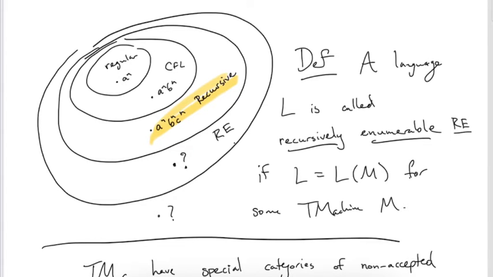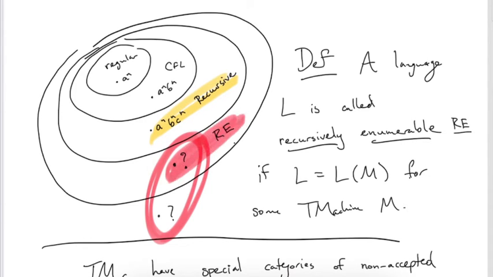And it's a big topic for the rest of our semester, which is only a week or so. Are there any examples of languages out here? This category, the REs but not recursive, would mean a language which you can make on a Turing machine, but that Turing machine would automatically have some inputs for which it loops forever, and it's not possible to make it on a total Turing machine.